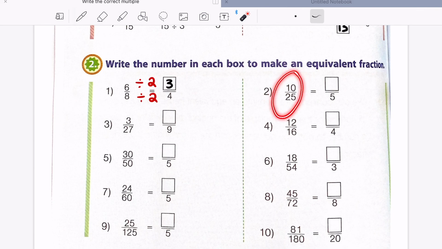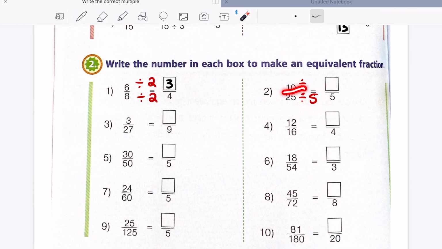So let's try the next one together again. 10/25 is equal to blank over 5. So 25 divided by what equals 5? 25 divided by 5 is equal to 5. So if we do it to the bottom, we have to do it to the top.